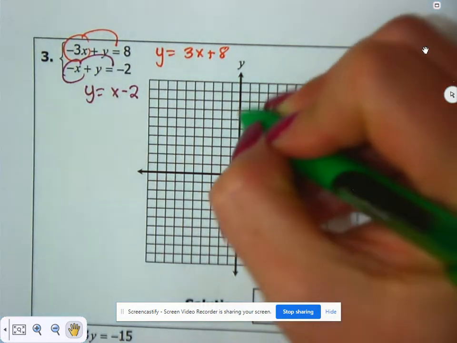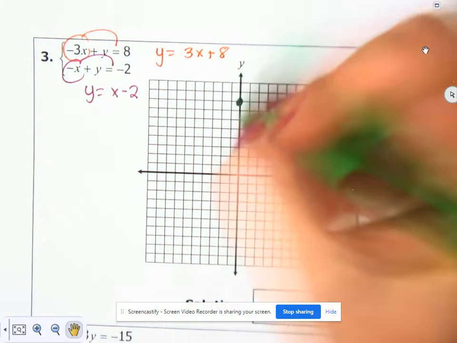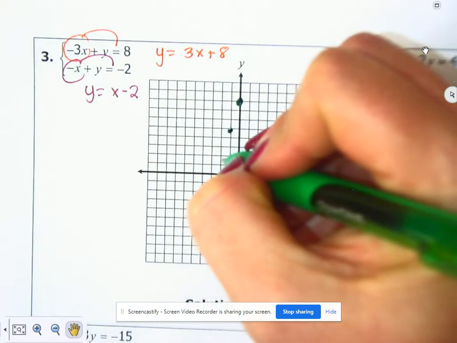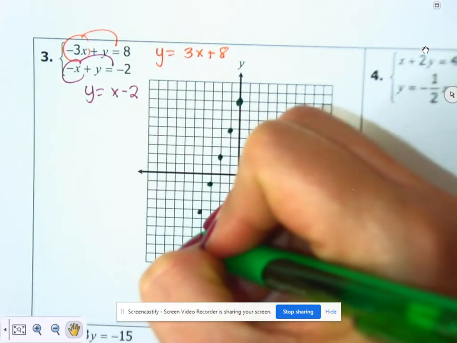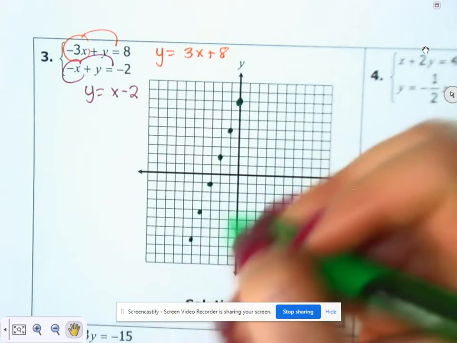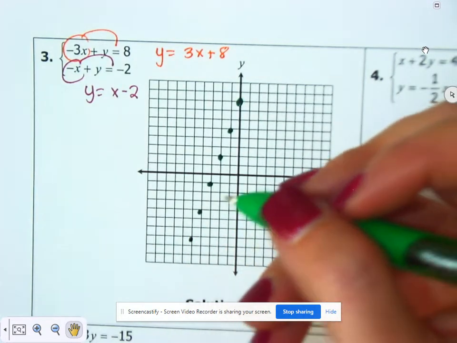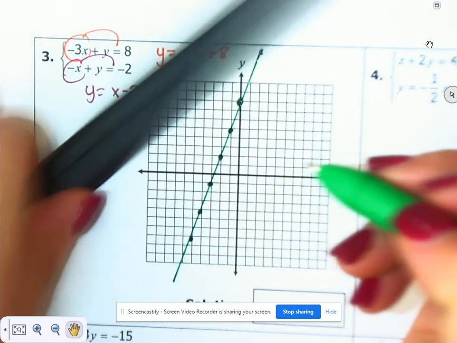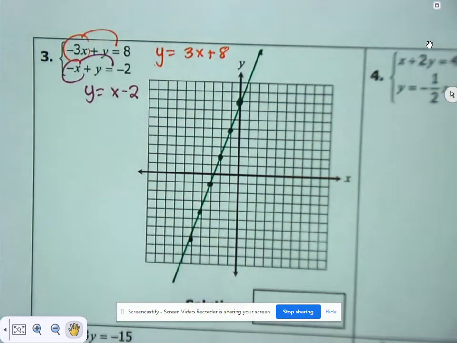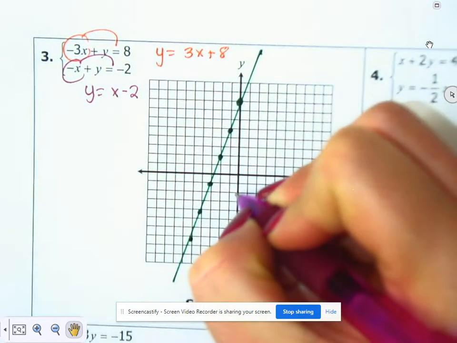All right, so I'm going to start at 8. I can't go up 3 and over 1, so I'm going to go down 3 and left 1 as many times as I can. Okay, make your little line. All right, and then for the other one, we're going to start at -2.